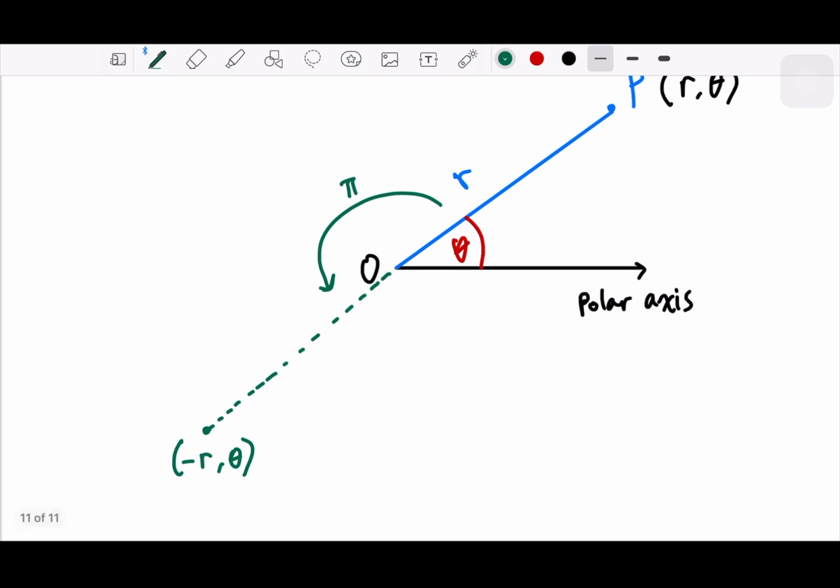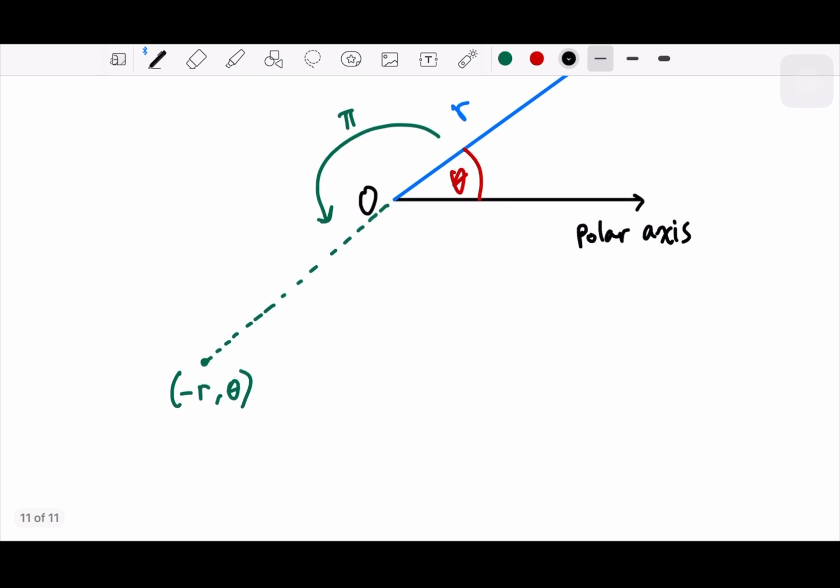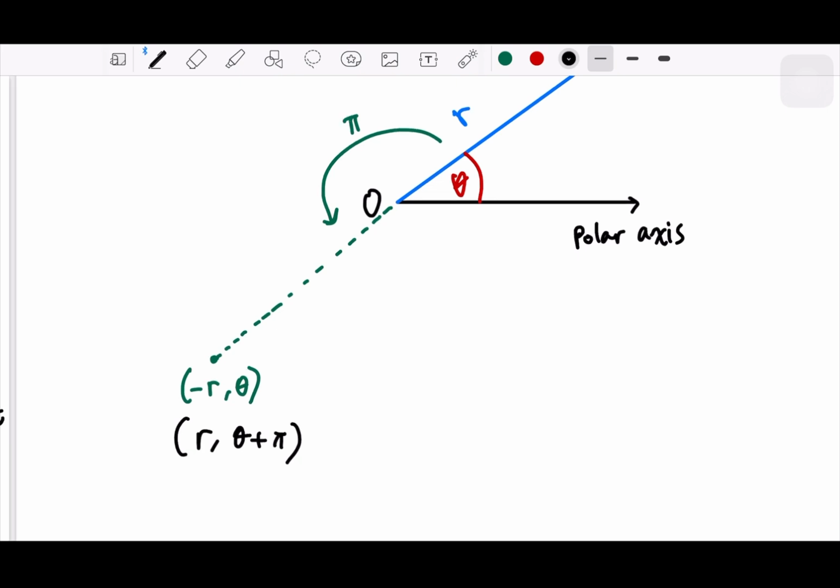So visually, this is R and theta plus pi. Okay, let me put you through some examples.